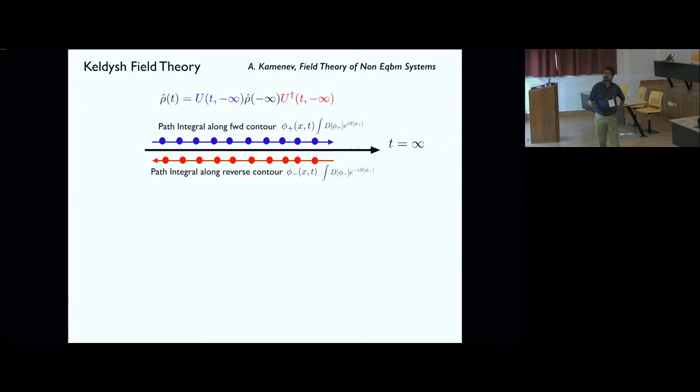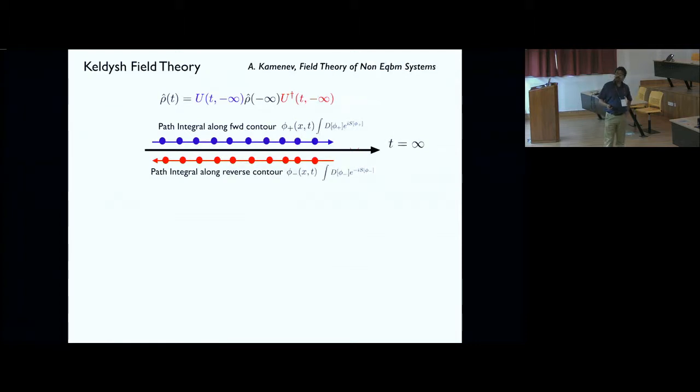So you have a forward contour and a backward contour, and you have fields plus and minus. Of course, only the sign changes because you're reversing the direction. It's basically U going to U dagger. So essentially, you can write down a path integral in terms of two fields at each space-time point.